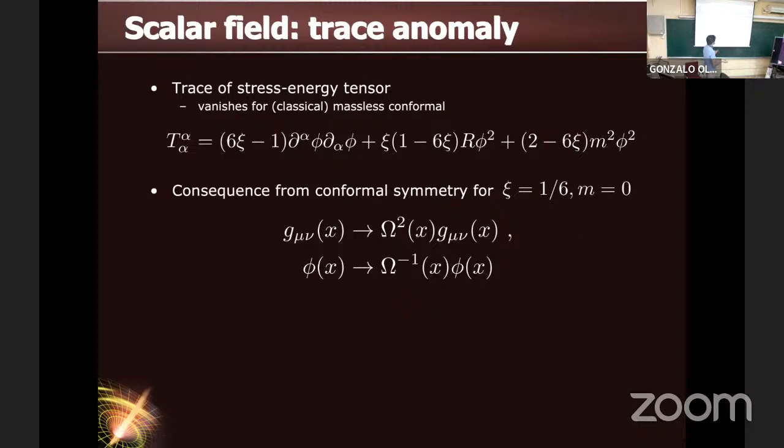And that essentially is very well connected with the conformal symmetry, but I won't delve too much into this. So essentially, if you have a classical field with these values, you have no trace. But once you quantize the theory, you see that due to gravitational physics, this trace is non-vanishing. This is also known as a trace anomaly.